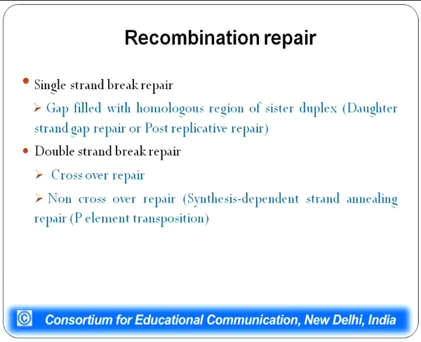Double strand break repair requires sealing of the two strands of the DNA which have broken, and it could be crossover repair, where because of recombination crossover products are formed, or it could be a non-crossover repair mechanism, also known as synthesis dependent strand annealing repair, and it is usually seen in P element transposition.